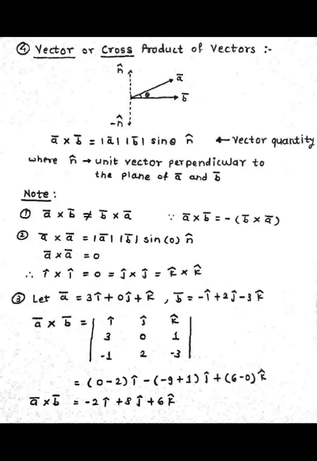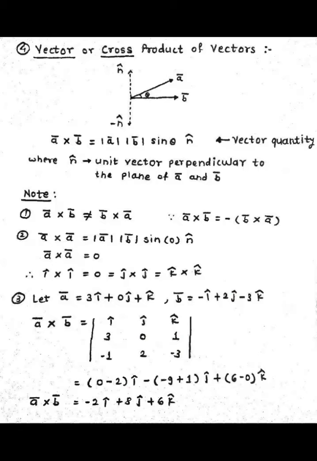After preparing the determinant, we simplify it. First term for i cap: take 0 into minus 3, answer is 0, then 2 into 1, it is 2, and take the subtraction. The middle term always has a negative sign in the simplification of a determinant.